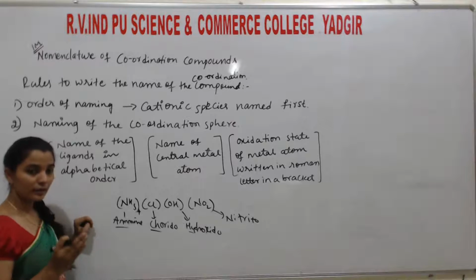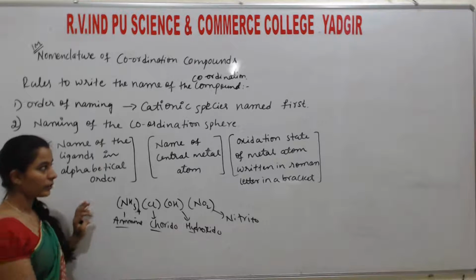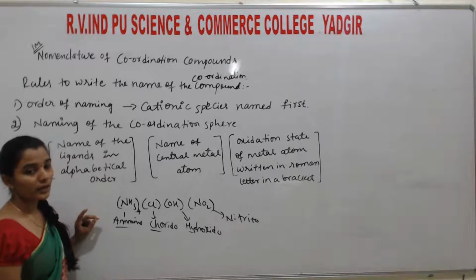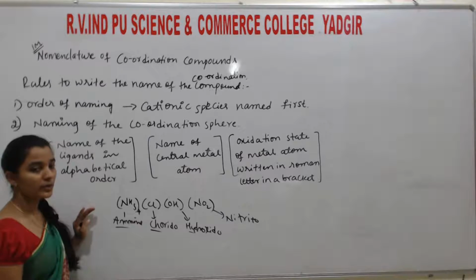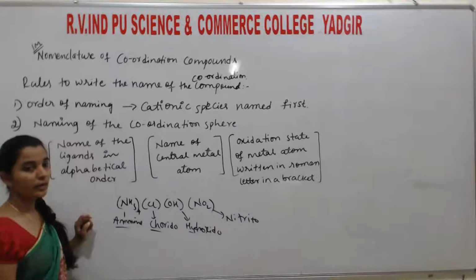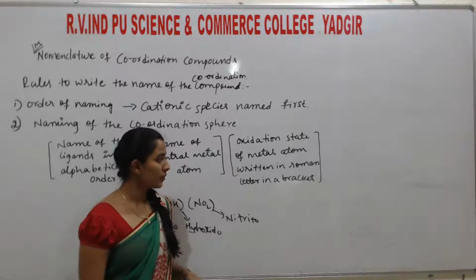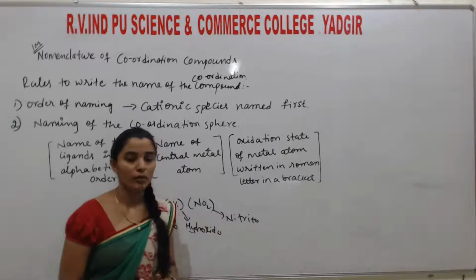For nickel, nickelate. For cobalt, cobaltate, like that. That's the name of the central metal atom, based on the cationic or anionic charge of the coordination sphere.